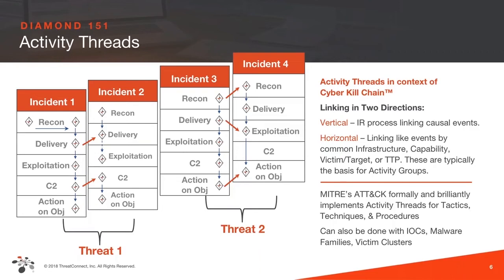The diamond model is really to help analysts build this model and picture in their mind of how an adversary is operating, not only against them, but against the world of other victims. These threads are fundamentally the nodal linkage in your mind of how things belong together.